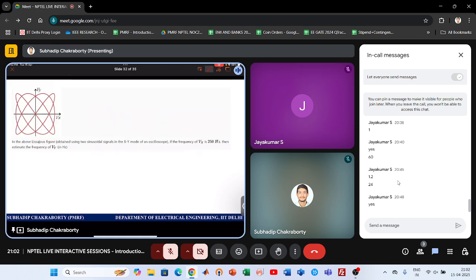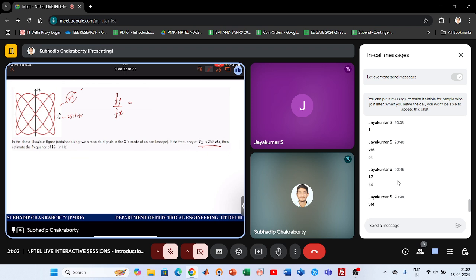So coming to the next one, as you can see, this is a Lissajous pattern given with respect to xy plots, right? And it is given that the frequency of x is known as 250 hertz. And then they are asking you the frequency of y, which is the unknown signal.